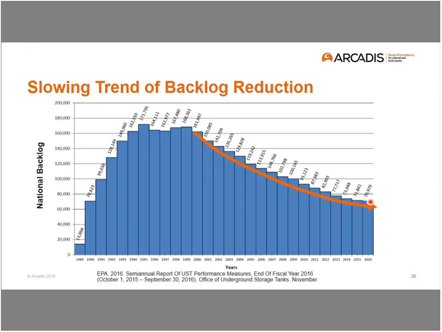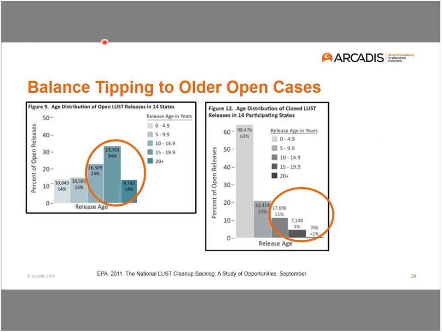We didn't close as many sites in 2016 as we did back in the early 2000s, or even the mid and late 2000s. And this is because the balance of the caseload is tipping toward these older cases that have been around for a long time and are probably more complex sites.